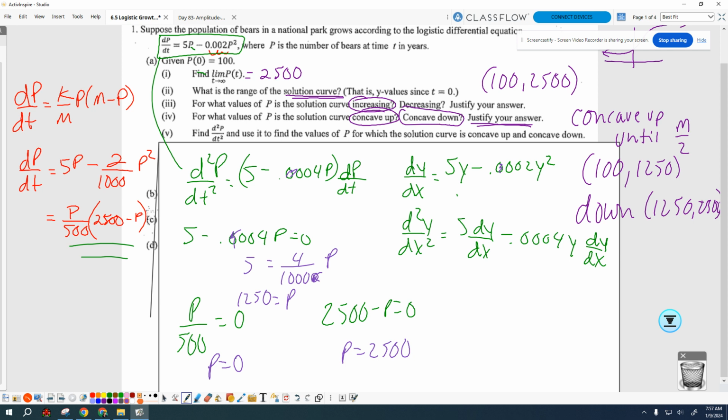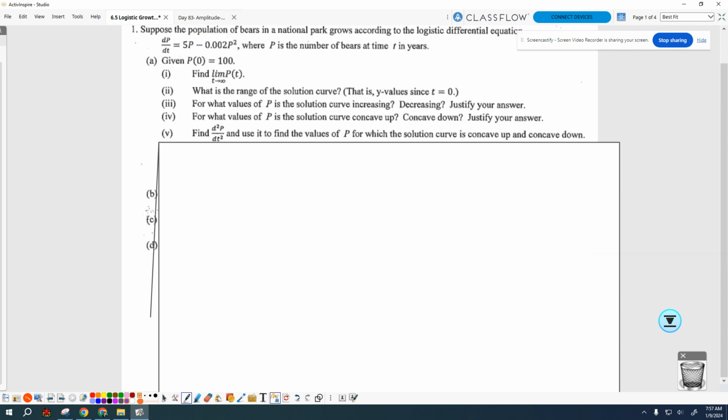Unless they explicitly say, now prove it using a double derivative, which does happen every 5 or 6 years. But multiple choice, you can just say half max carrying capacity is where it grows fastest, or that's where the inflection point is, which is the next question.